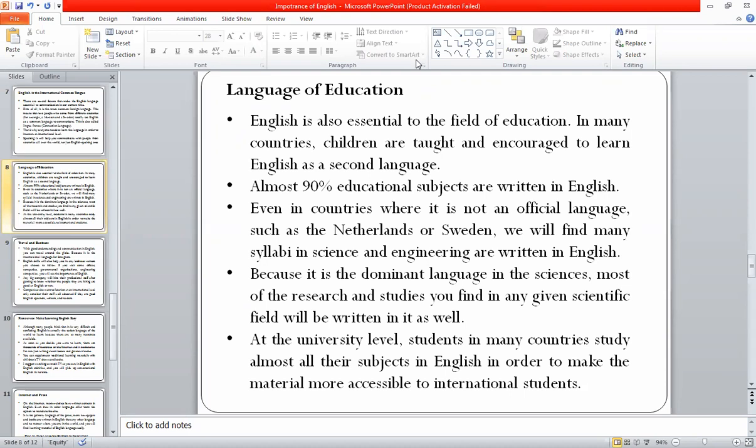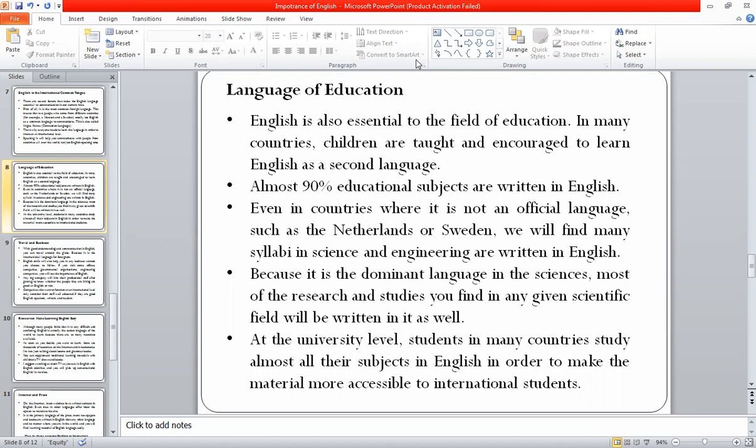This is the thing which is followed all over the country. Okay, so no exception for the English language, because it is the dominant language in science. Most of the research and studies you find in any given scientific field will be written in it as well.